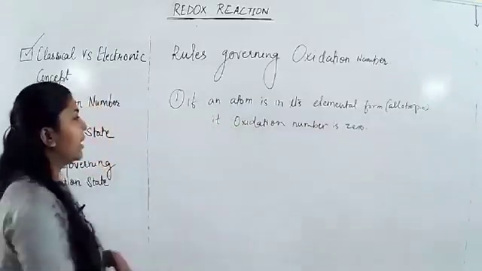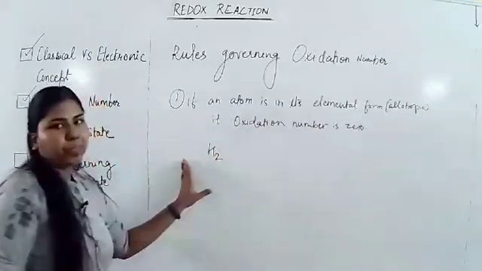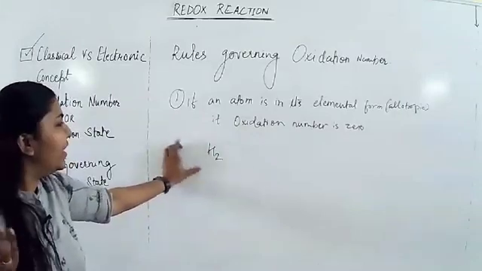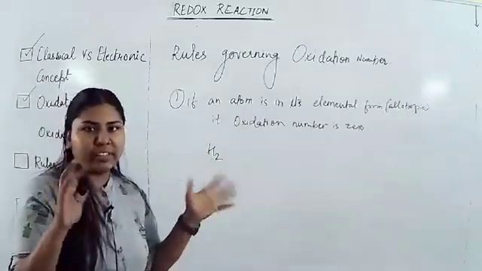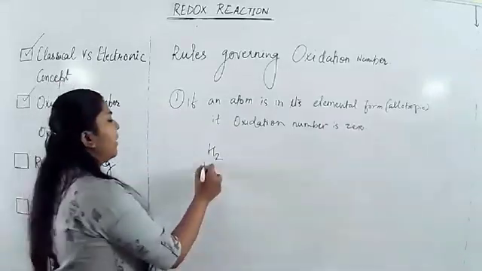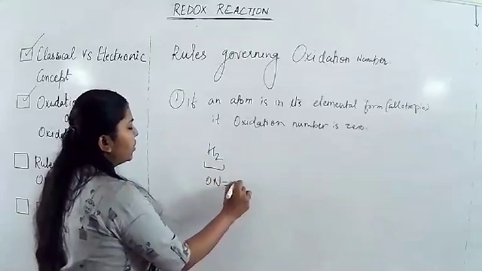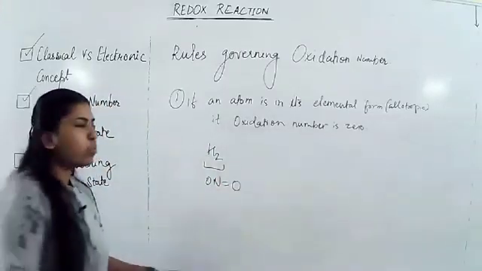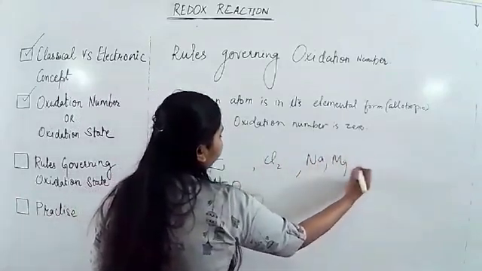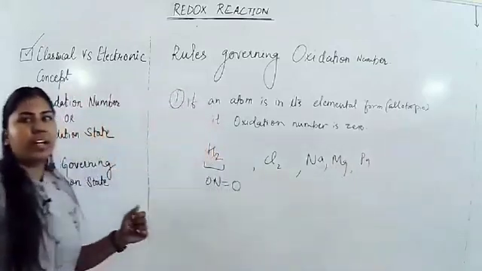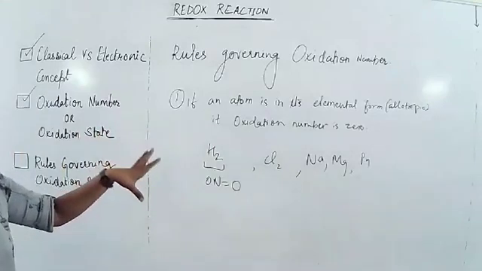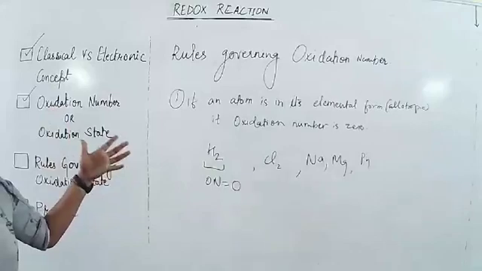H2 exists as a diatomic molecule, and it will not have any charge on it, because there is no difference in electronegativity between the two atoms. So there won't be any apparent or real charge on it, and the oxidation number will be 0. More examples are Cl2, sodium, magnesium, P4. The elemental form of atoms will have 0 oxidation number.